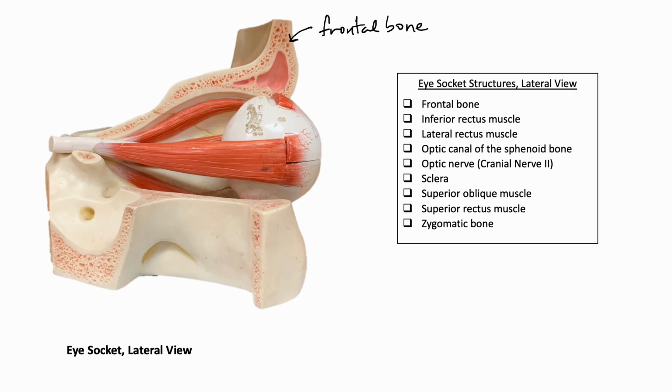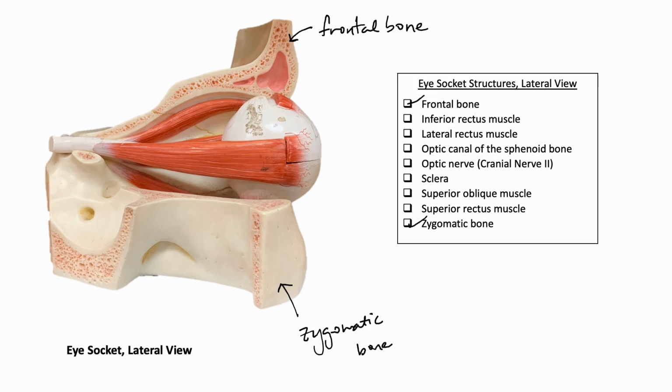Okay. And then this bone over here on the lateral side, sort of like by your cheek. This is the zygomatic bone. So now we have those two landmarks, so we know which is lateral and which is medial.